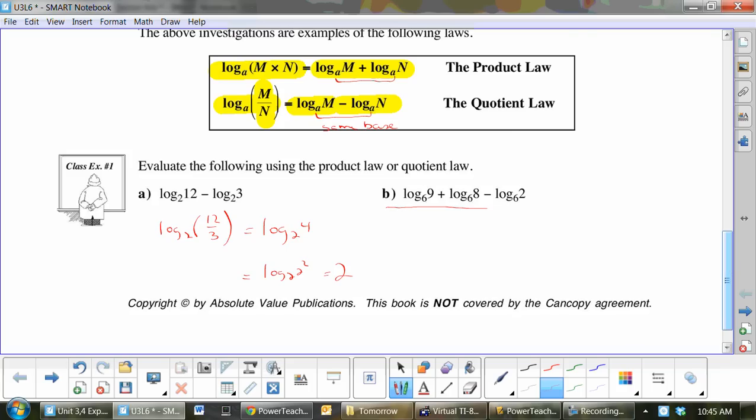So this would be log 6 of 9 times 8, which is 72, minus log 6 of 2. So this will be log 6 of 72 divided by 2, right?